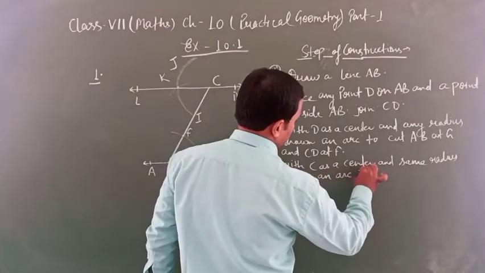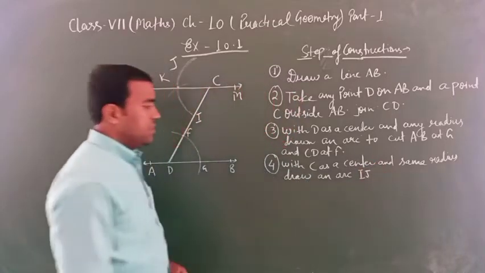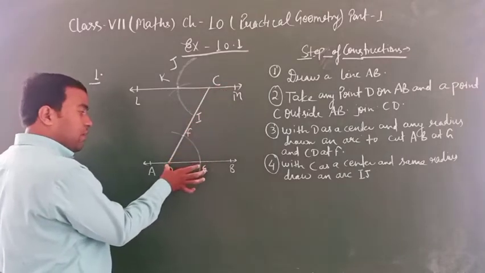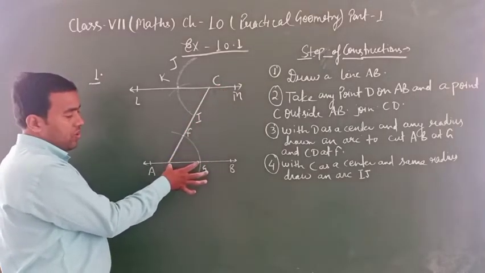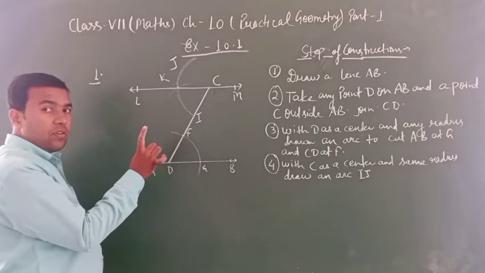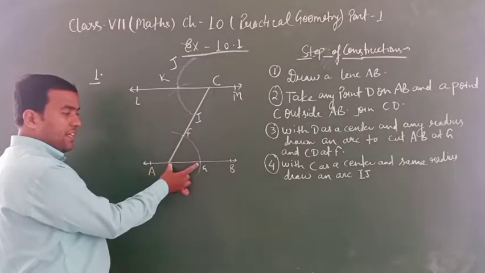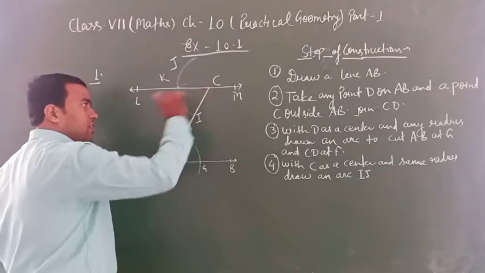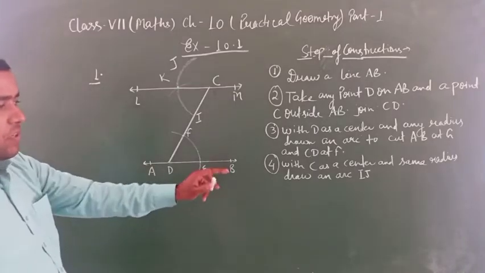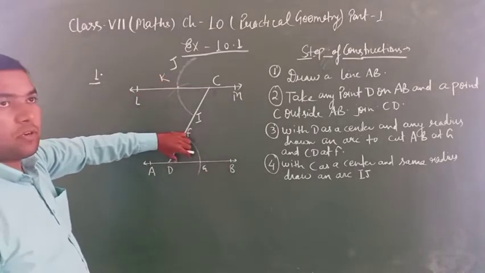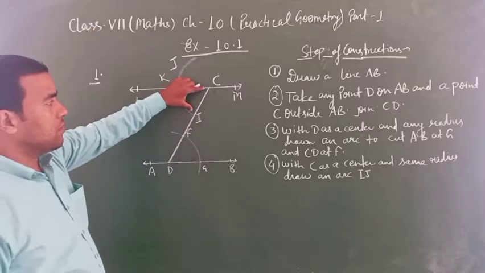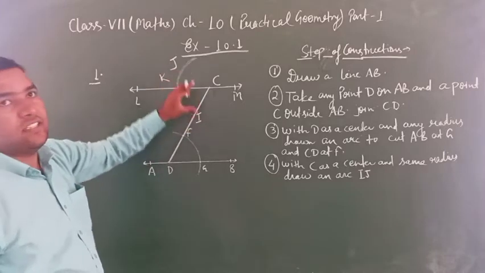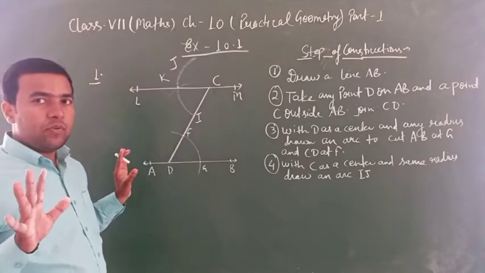Same radius means whatever radius you have taken from D as a center, that radius you will take from C. Clear? The same radius means whatever radius you have taken from D, that much radius from C you will take and draw IJ. Clear to everyone?